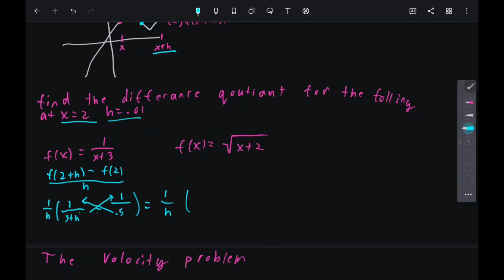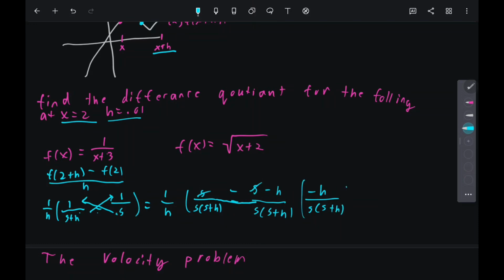So we are going to get 5 over 5 times 5 plus h, minus 5 plus h over 5 times 5 plus h. Well, this is the same fraction, so I'm just going to draw in the bar and subtract. This is technically now a negative h. These 5's are going to cancel, leaving us a negative h over 5 times 5 plus h.